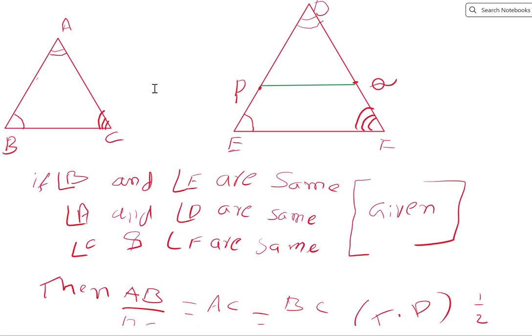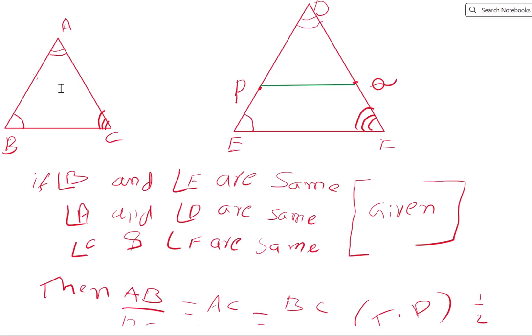Once you draw this line and the new triangle is formed, PDQ has to be congruent to ABC. So we need to draw a line in such a way that the newly formed triangle will become congruent to triangle ABC.